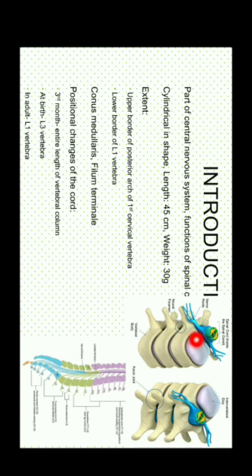If it impinges either of these, it produces the typical neurological signs and symptoms. So basically the first sign and symptom shown by it is the pain. So you have heard about the old age people, they are suffering from low back ache due to the slipped disc.